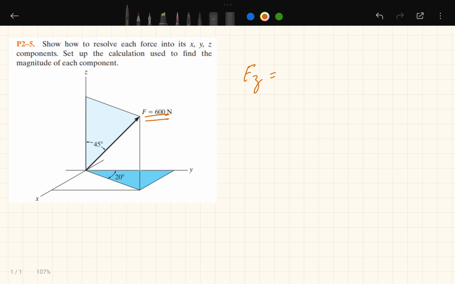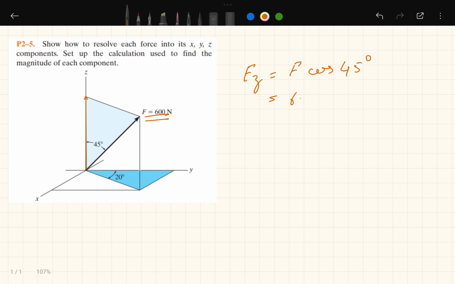The angle is directly given, so it will give you the z component of this vector. So that will be F cos of 45.